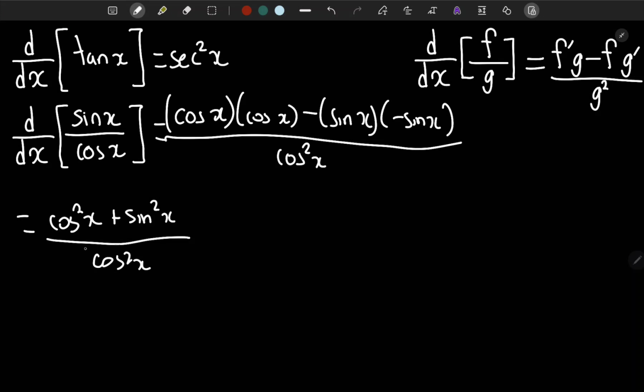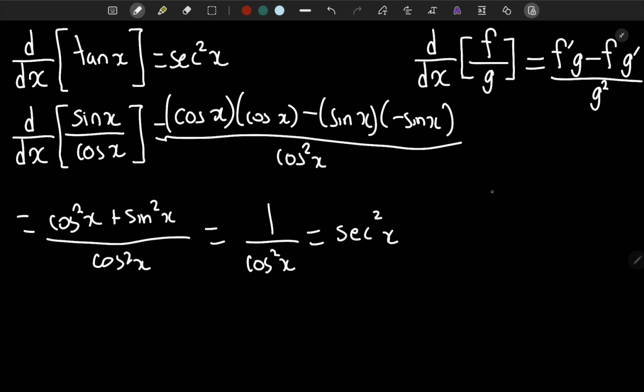And this is a basic property that you need to know, that sine x squared plus cosine x squared is equal to 1, so the numerator here is just 1, so 1 over cosine x squared, and this is secant squared, so we proved it.